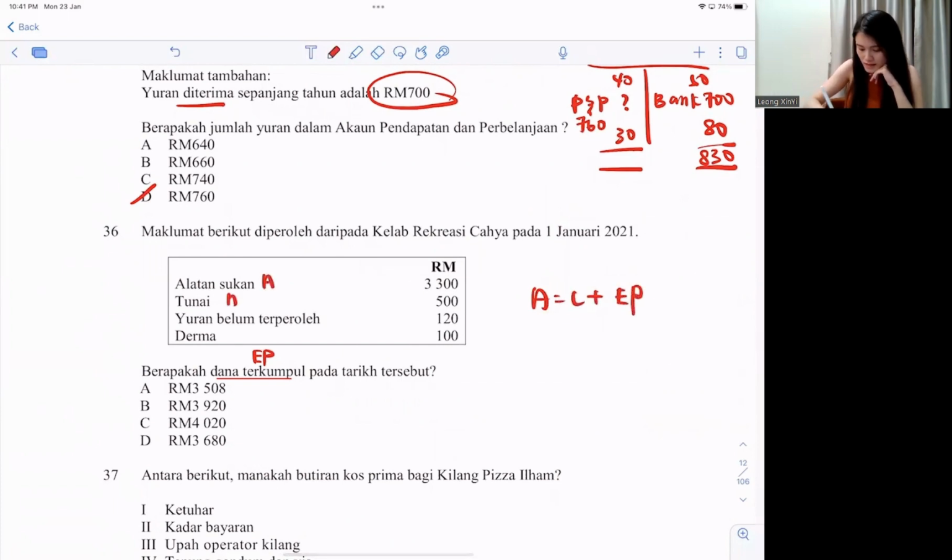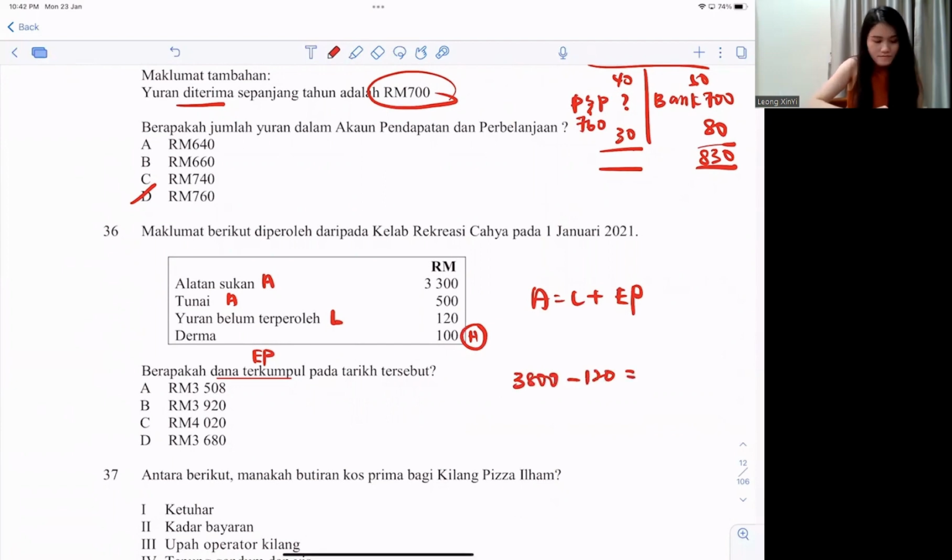This is asset. L. Derma is a hasil, nothing to do over here. So we're gonna take 3,800 minus 120, 3,680. D. Because A minus L equals to EP.